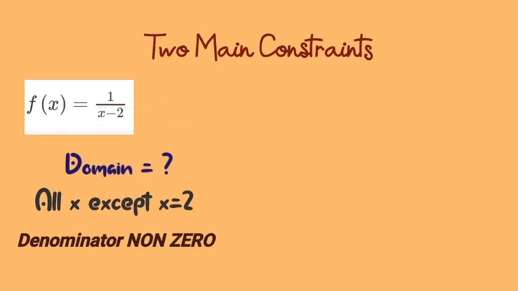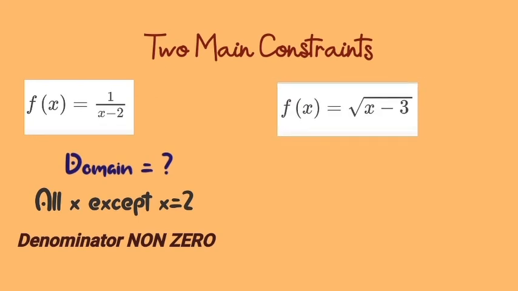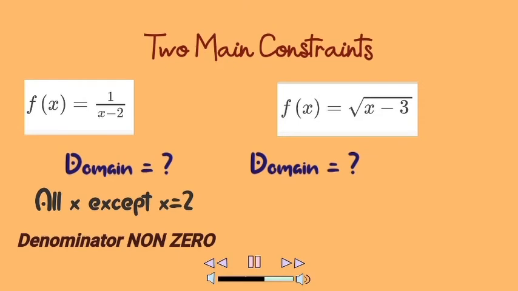Easy? Here's another one. What is the domain of this function? Can we have a negative number within the square root? Well, I don't think we can. So, x minus 3 will be greater than or equal to 0.